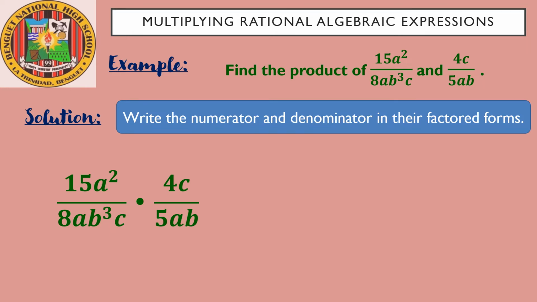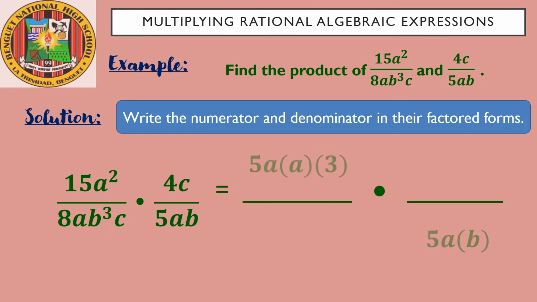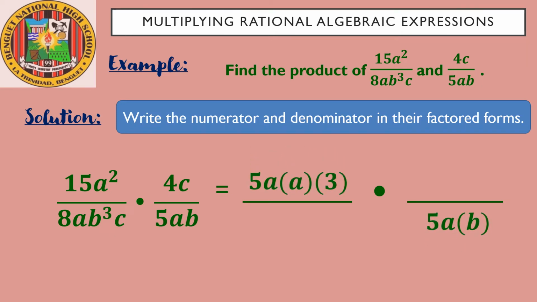We then see that we have the factors of 15a squared and 5ab with 5a as a common factor. We also have the factors of 8ab cubed c and 4c, with 4c as a common factor. Also, we observe that in the first fraction, a is a common factor, so we factor that out as well.